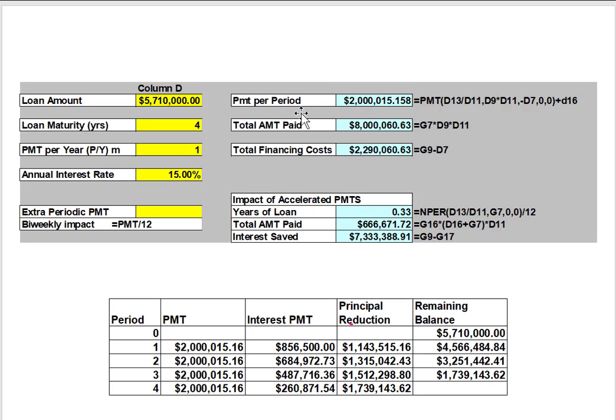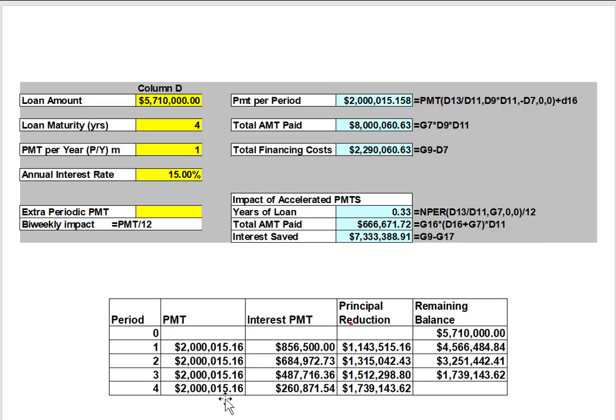So your payment per period, here's the formula. Then you add, if there's anything in this box down here, D16, any extra payment that you might like to add. In this case, it's 0. So you come up with, now it's a little rounding error, but roughly $2 million.